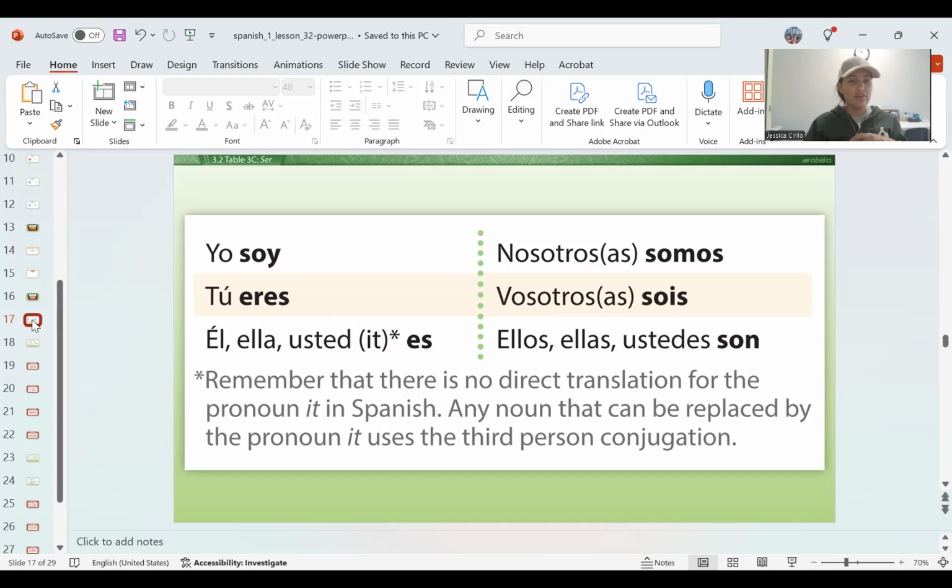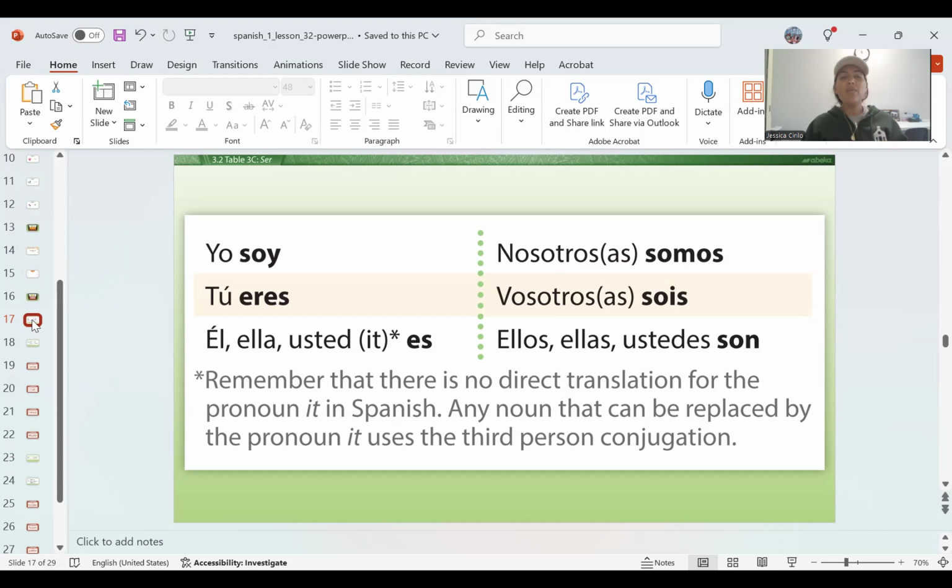So the first table there, it's table 3C, and it tells you ser in the present indicative tense. So it's giving you there the conjugations for the verb ser, for all of the pronouns that we're learning, okay? So it'll be yo soy.